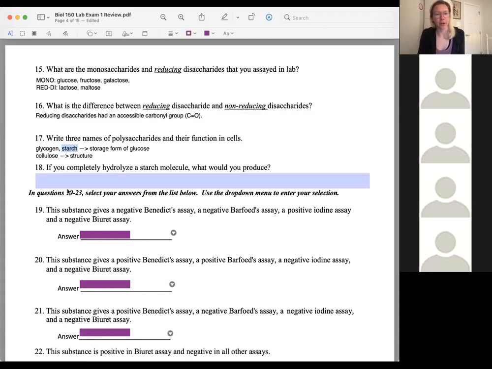So speaking of starch, if you took a starch molecule and completely hydrolyzed it, and hydrolyze is the verb form of hydrolysis, so if you conducted a whole bunch of hydrolysis on this molecule and broke all of those bonds, what would you produce?